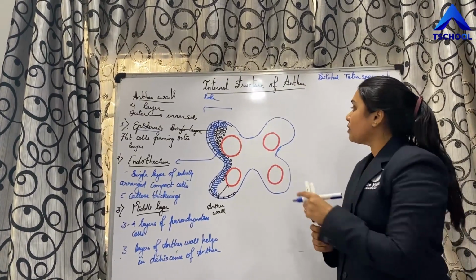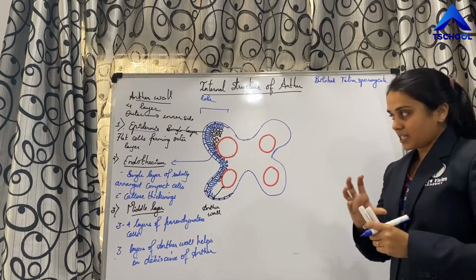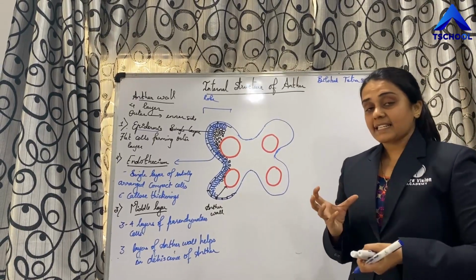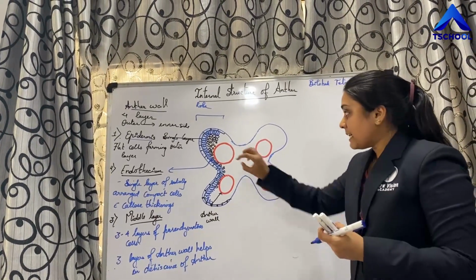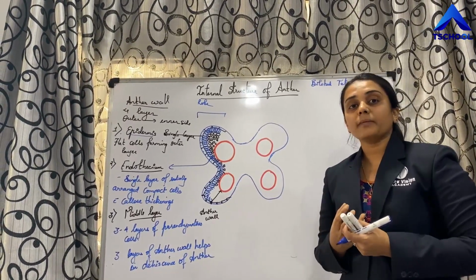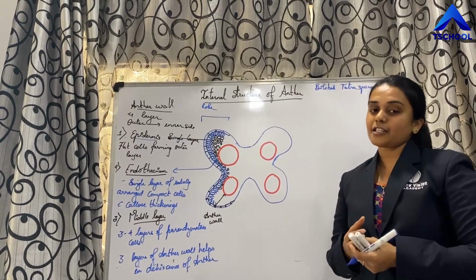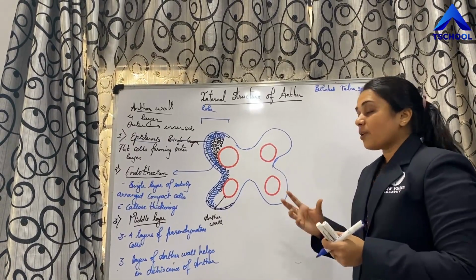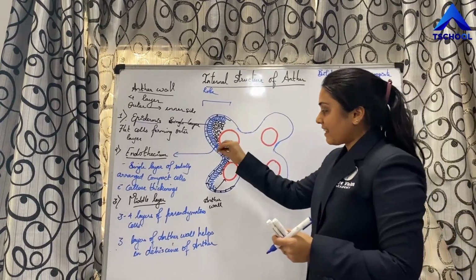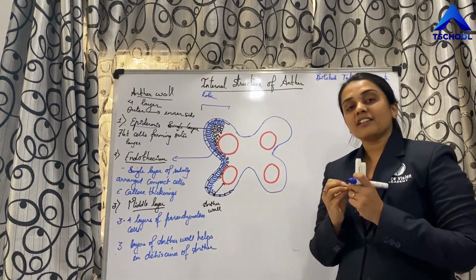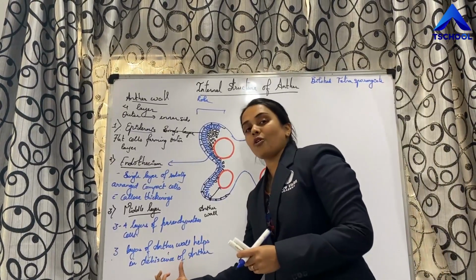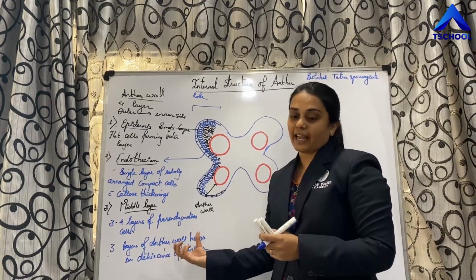As I told you, a young anther is a fertile part of the male reproductive system. As and when the anther matures, within these sporangiums there will be formation of the male gametophyte, that is pollen grains. Once these mature pollen grains are formed, the anther ruptures and the pollen grains are released. That process is called dehiscence of the anther.